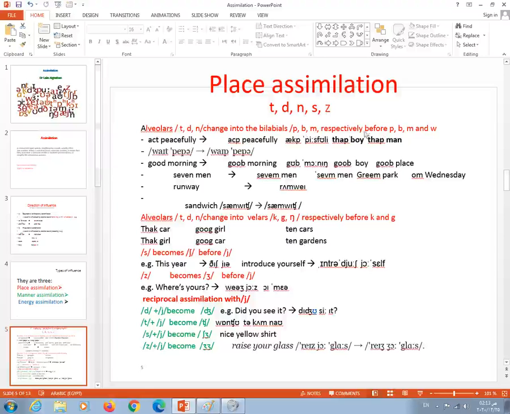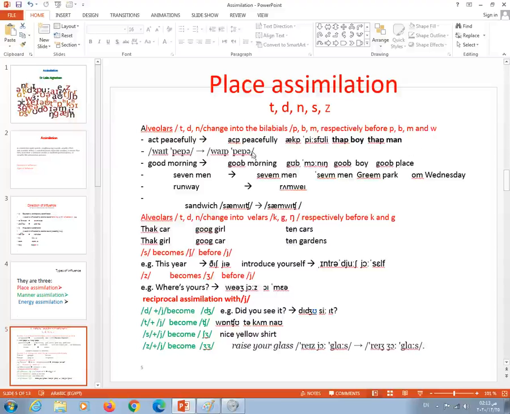Immediately before these four consonants: b, b, ma, and wa. So that we don't get confused, we have ت, and it will change into ب when these four consonants come after it. Act peacefully, the boy, the man, white paper.